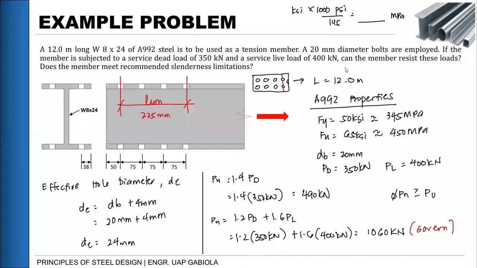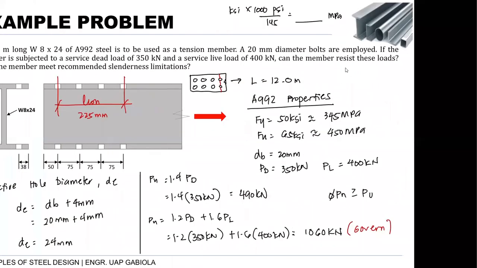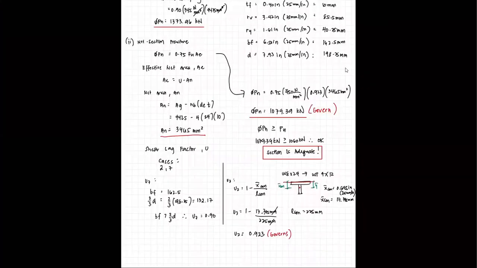Next, can the member meet the recommended slenderness limitation? For slenderness limitation, we need to satisfy L over r should be less than or equal to 300. We have a length of 12 meters, so we convert it to mm: 12,000 mm.